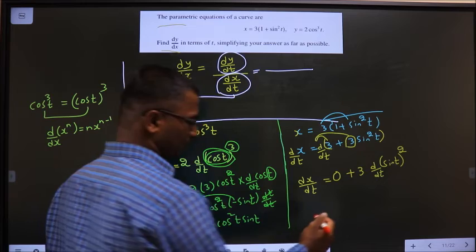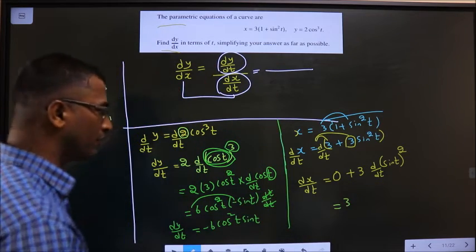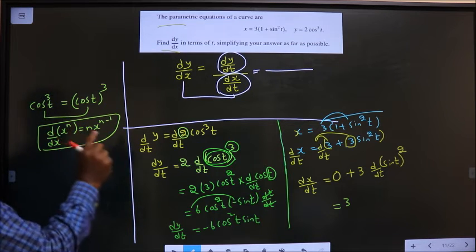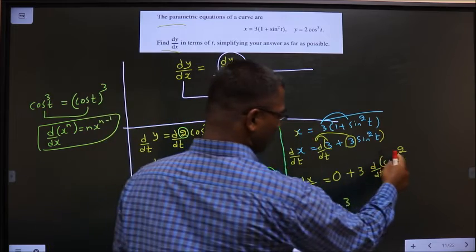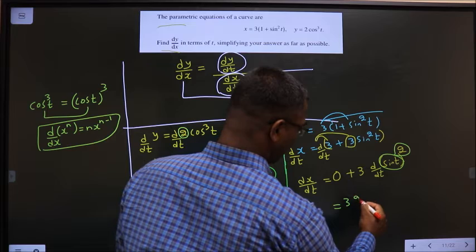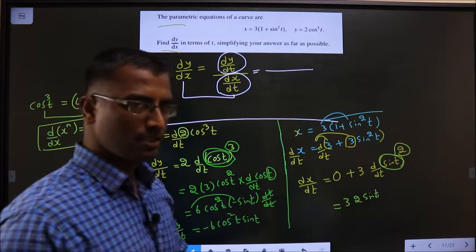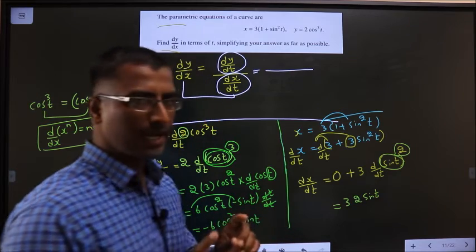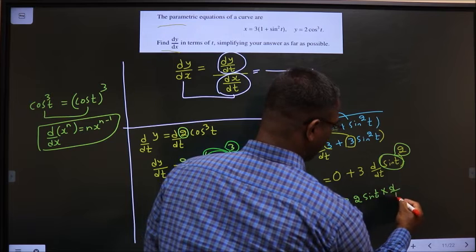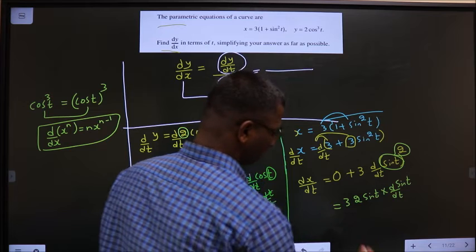Now here it is 3, and here I will make use of the formula d by dx of x to the power n. In place of n it is 2, in place of x it is sin t. So this will become 2 sin t, power 2 minus 1 is 1, and the good practice, do not forget, into d by dt of sin t.